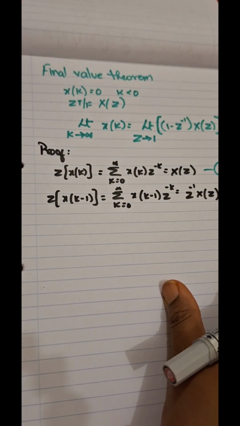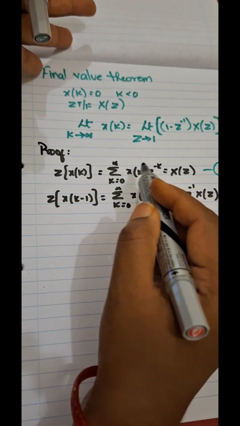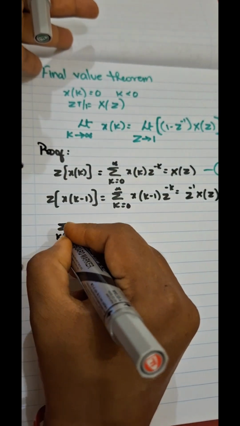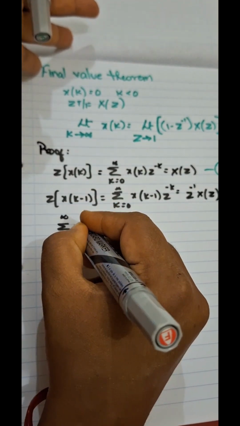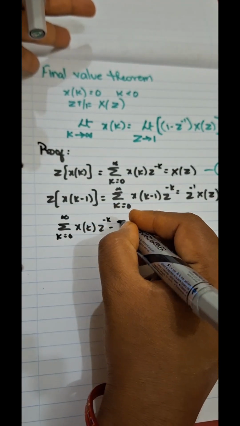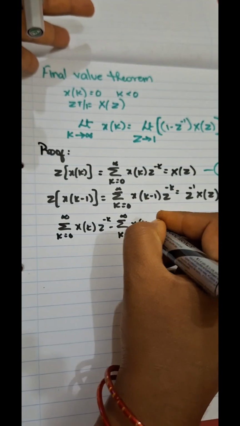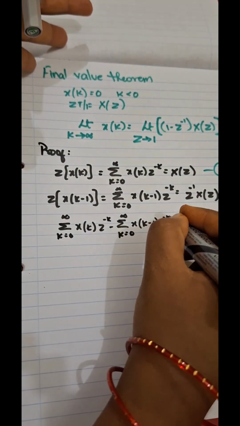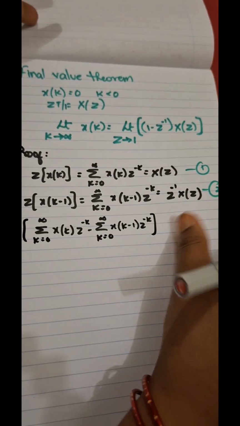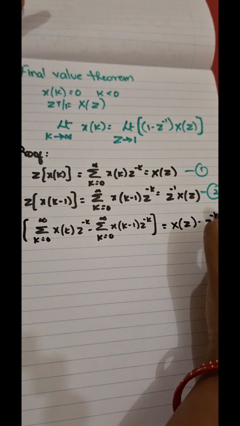So here, the sum from k equals 0 to infinity of x(k) z^(-k) minus the sum from k equals 0 to infinity of x(k-1) z^(-k) is equal to X(z) minus z inverse X(z).